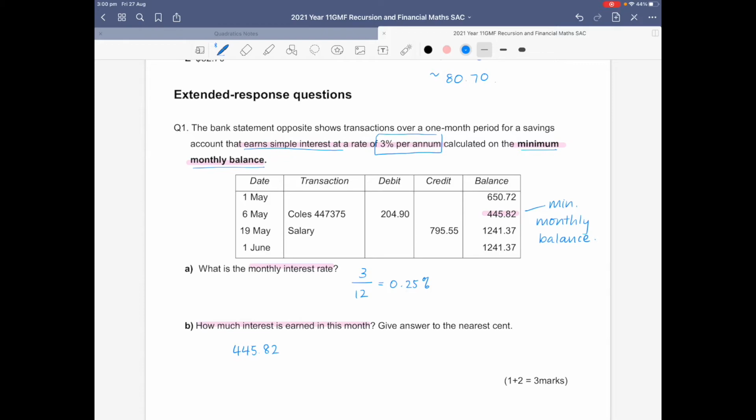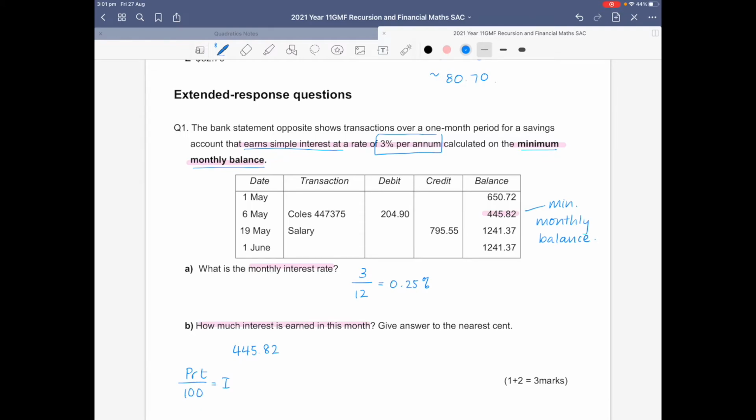We can either use our answer from part A, or we can use the simple interest equation with the original information, and that's probably the safer one, just so that we don't confuse any information. So just to backtrack, PRT over 100 is our interest amount.